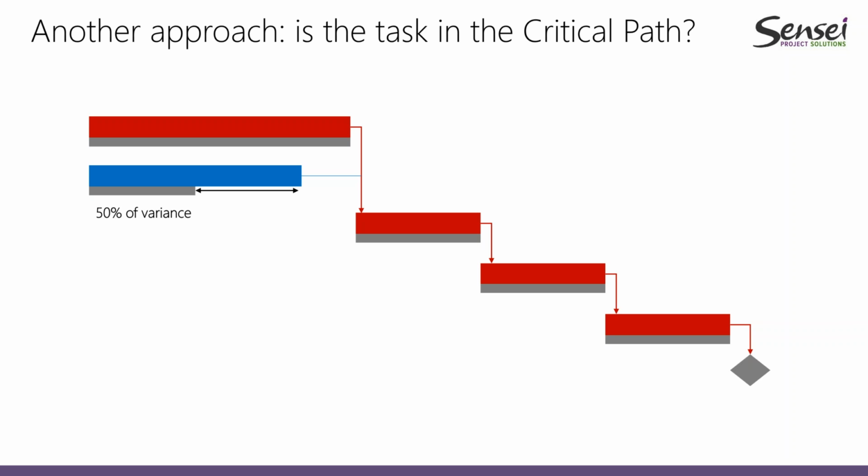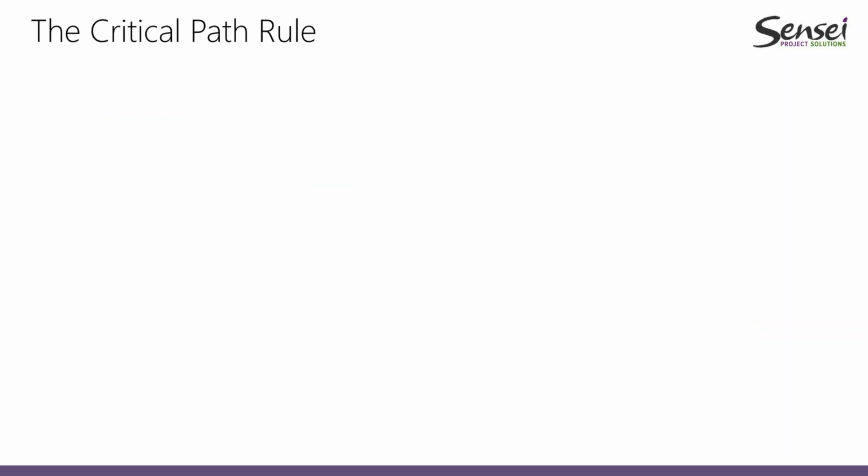In this scenario, why should we point this task as red if it is not moving ahead the finish date of the project? So that's the entire point of the critical path rule.